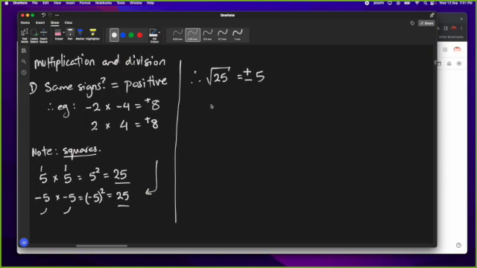All right? So note, a square is a number multiplied by itself.